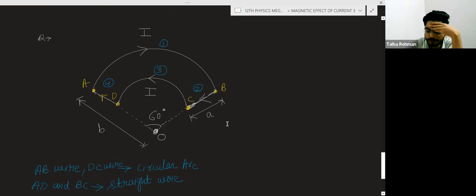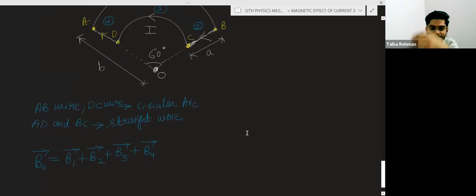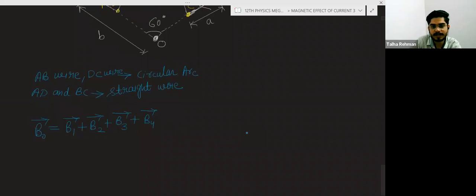You have a formula for the circular arc. Suppose this is the circular arc making an angle alpha, at point O you want to find the magnetic field, and the current I is flowing here.